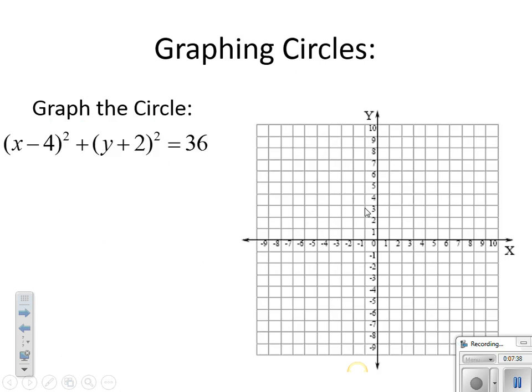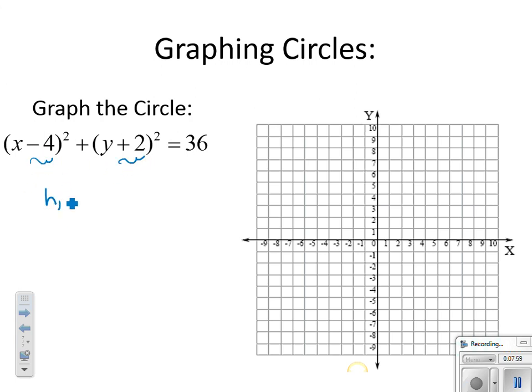All right, how about if I asked you to graph a circle? Okay, well, I can take the equation that's given to me and I should be able to find the center and the radius. So the center comes from this guy, and remember it's opposite.